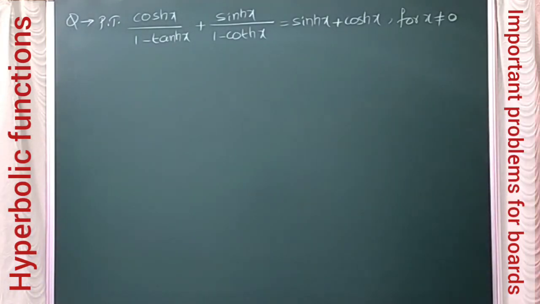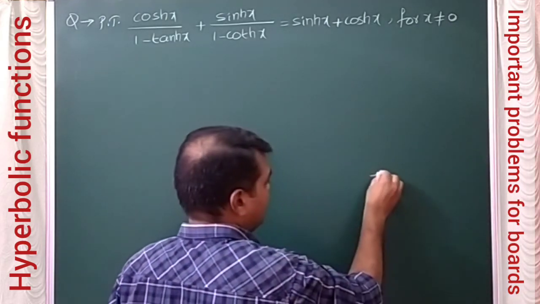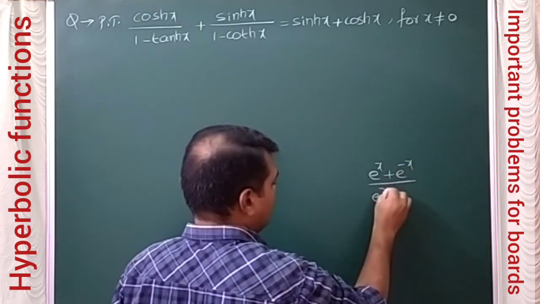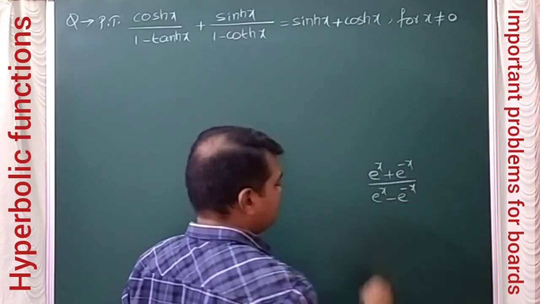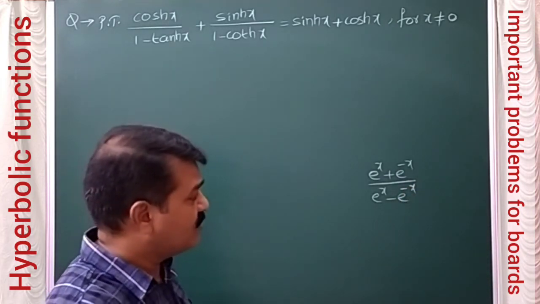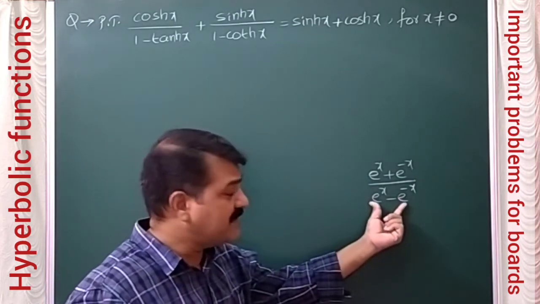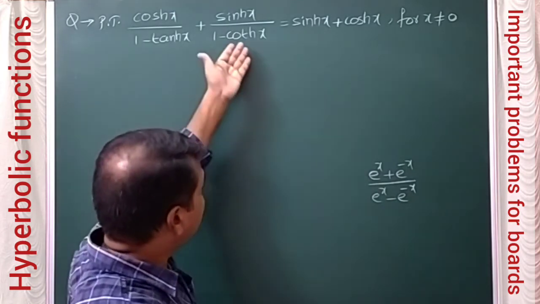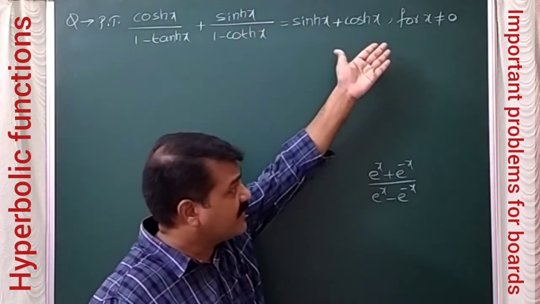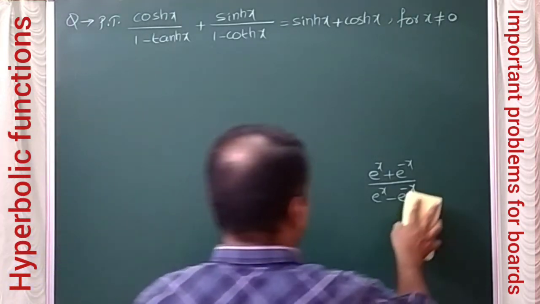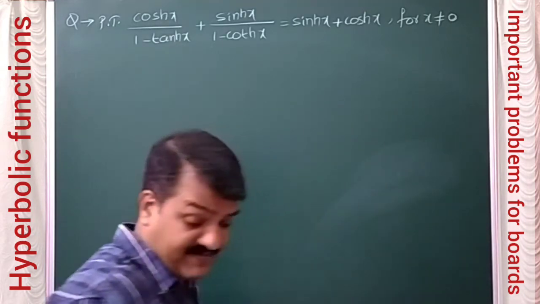When x is taken as 0, cot hx is not defined, because cot hx will be e power x plus e power minus x by e power x minus e power minus x, no? So when x is taken as 0, this denominator becomes 0. Cot hx is not defined. That is the reason why it is mentioned that x cannot be 0. That is the reason why they have given it in the question.